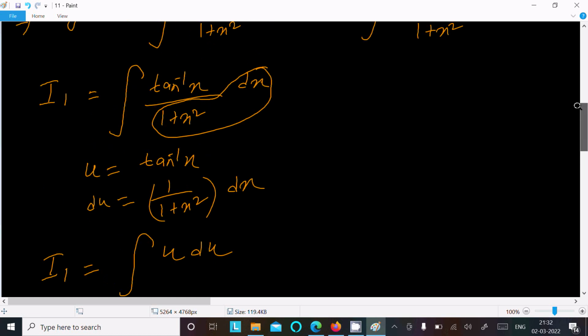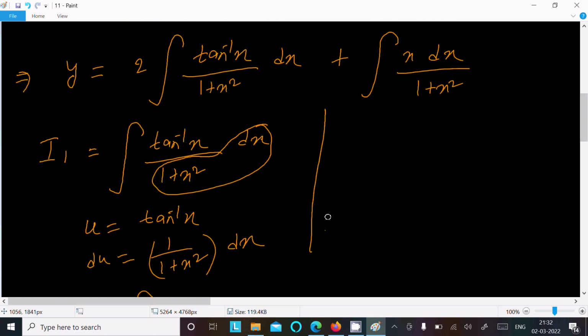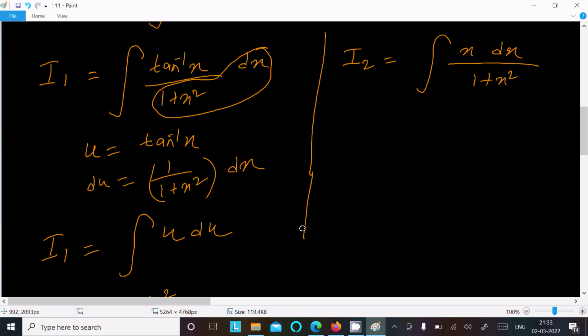Now on this side we calculate I2. So I2 is x dx divided by (1 plus x squared). Now let's assume v equals 1 plus x squared. Then dv equals, the differentiation of 1 is 0, and of x squared is 2x, so dv equals 2x dx.